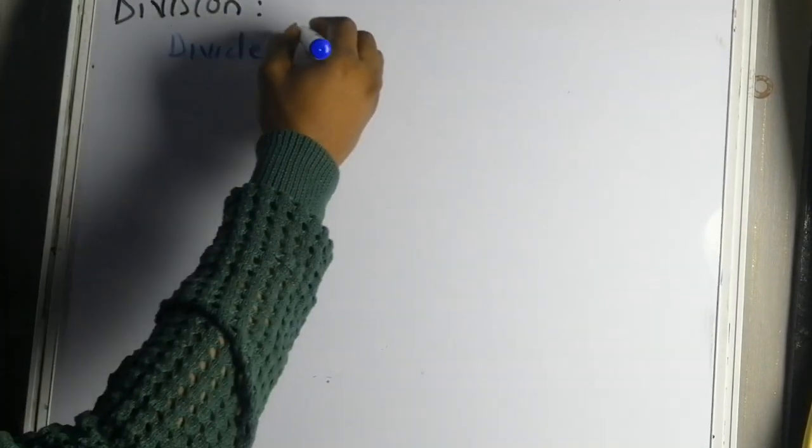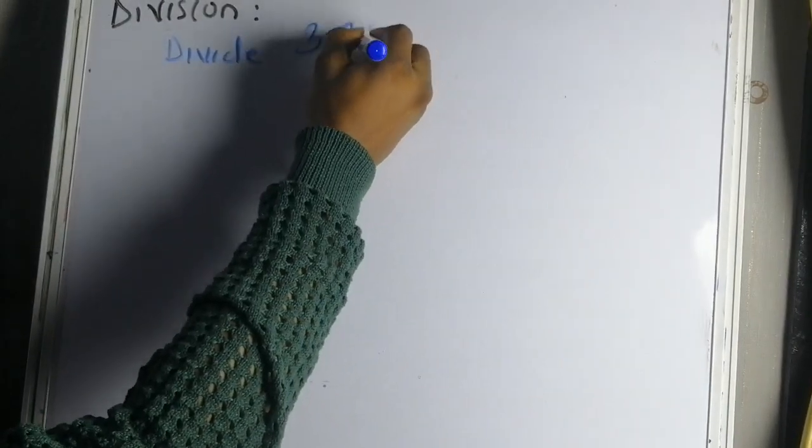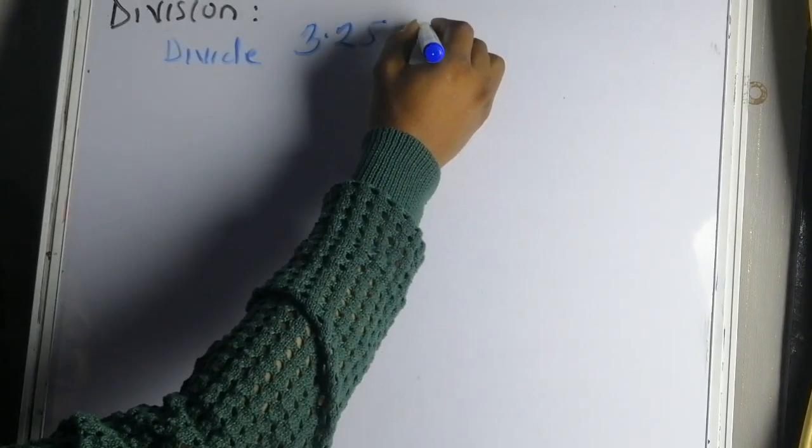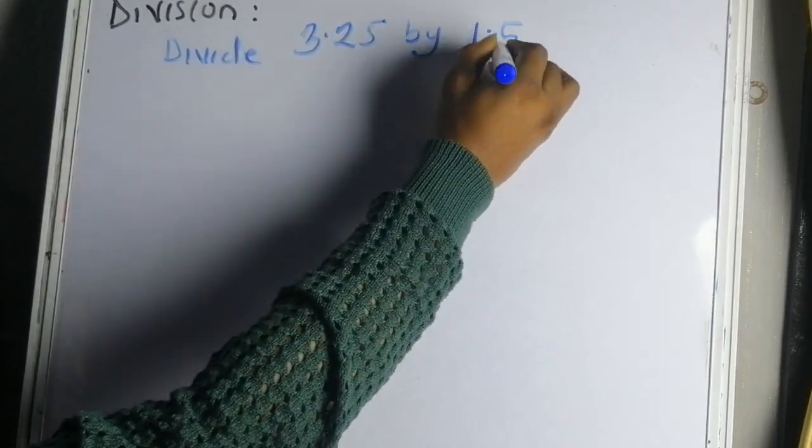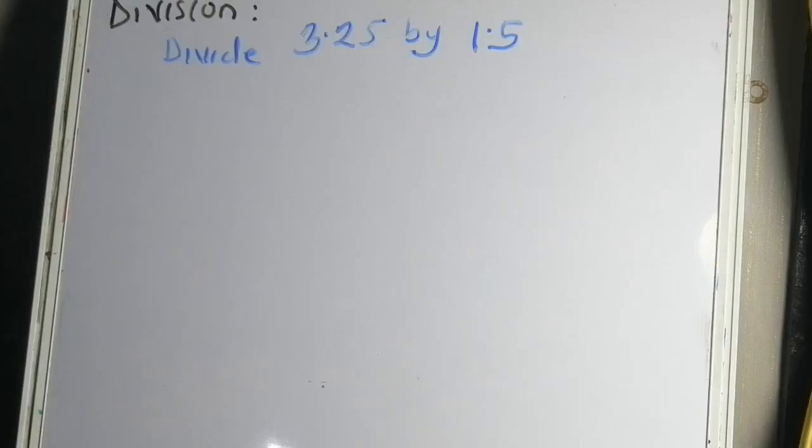Let's still use the same thing: divide 3.25 by 1.5 without using a calculator. Okay, so it's very simple. All you need to do is convert to fraction.